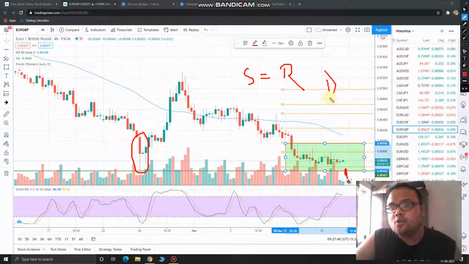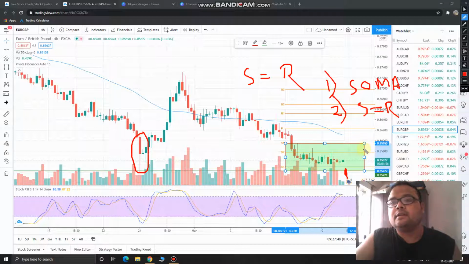First is wait for the market to hit the 50 moving average, and then you can short the market. And the second strategy is wait for the market to cross this level and let the support become the resistance.